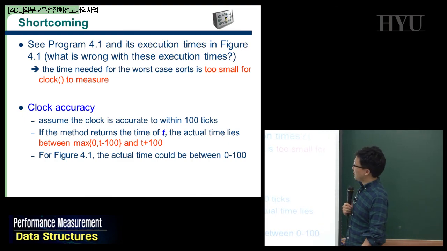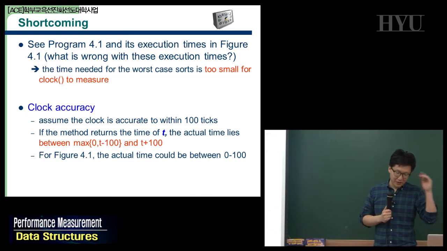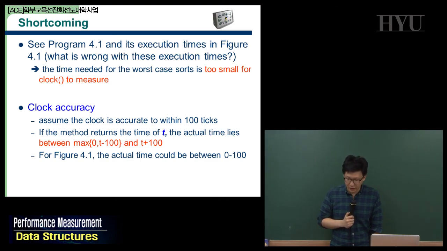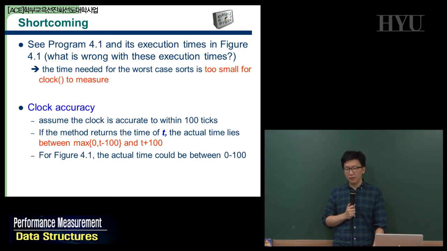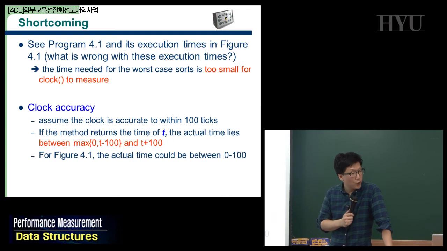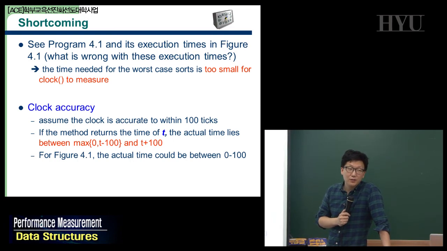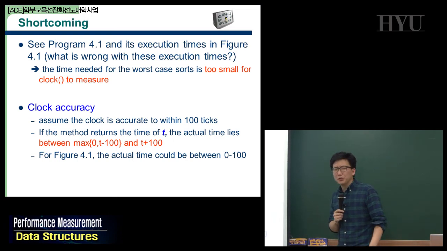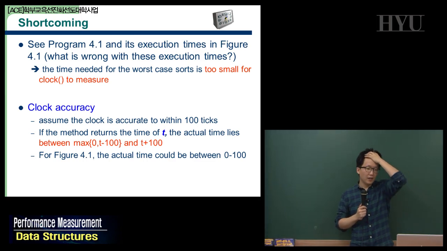That statement just finished everything in the rest of the slide. But let's see. C program 4.1, execution time in figure 4.1. What is wrong with this in execution time? Time needed for worst case is too small for clock to measure. Too small. I'm not so sure nowadays it's still true.